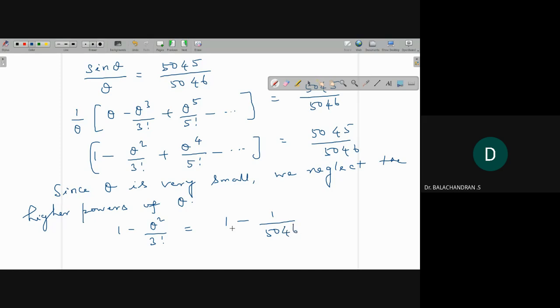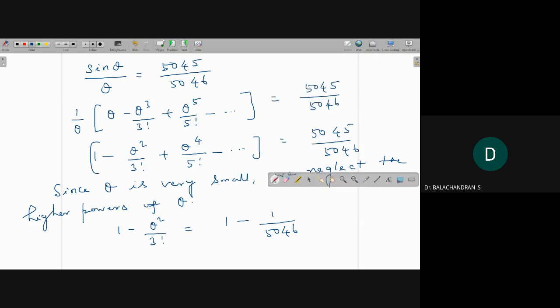Yes, you are right. I think I wrongly wrote it here. If I take LCM, you'll get the same thing. Actually I wanted to write it like this because here I have 1 minus something, that's why I wanted to write it in the same manner, but I wrote it wrongly. Thank you for pointing out the mistake.